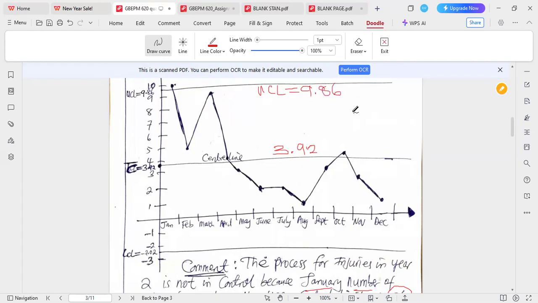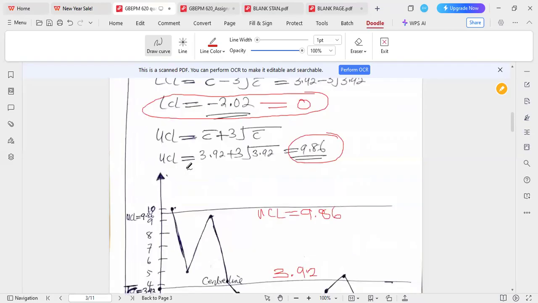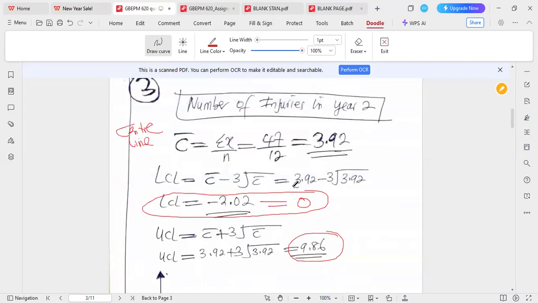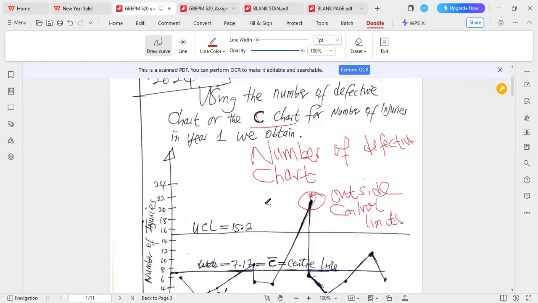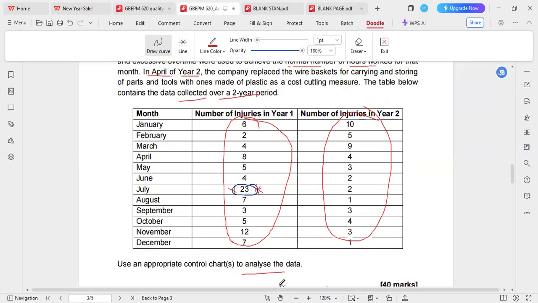And of course, we are getting down to our center line, which is this one, or 0. When it's negative, we will locate it at 0. So this is what we have concerning the 2 years, year one and year two. So that answers question number 1.